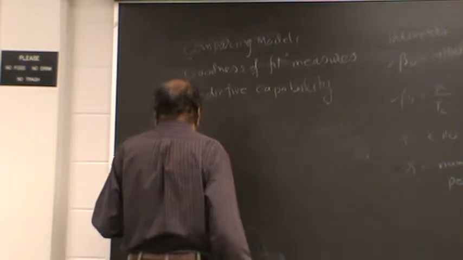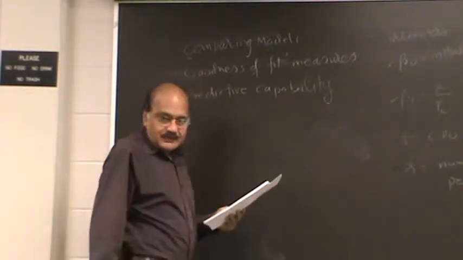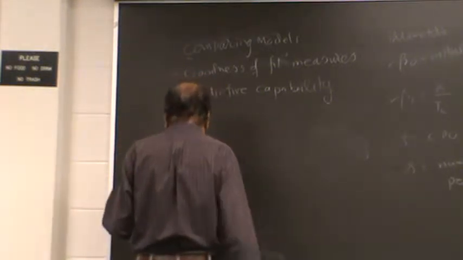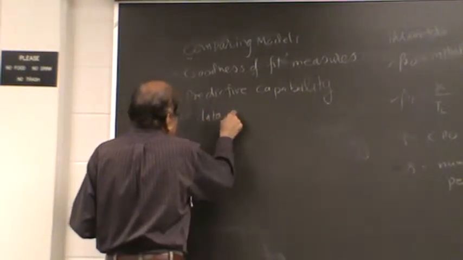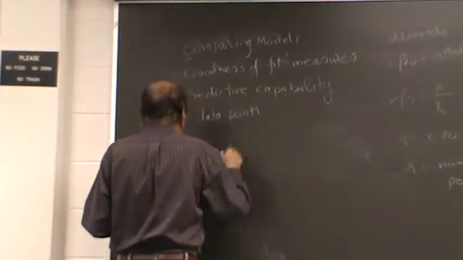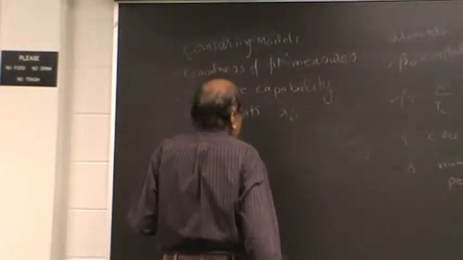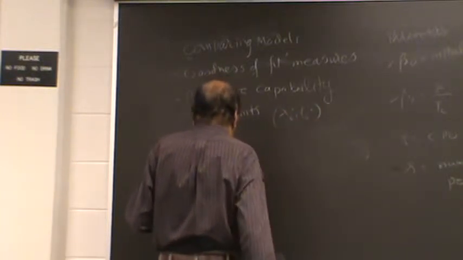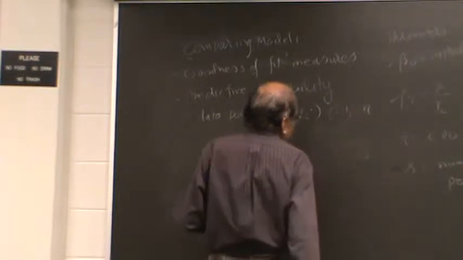So there are two measures that can be used, and this is how I will define those two measures. Let us say that we have data points, and data points are failure intensity at some point t sub i, and i is equal to 1 to some n.